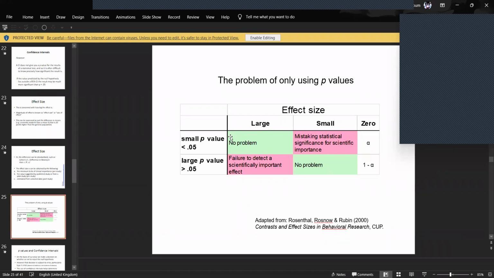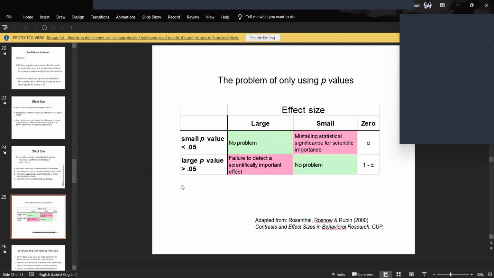Now, if your effect size is small and your p-value is small, then that means that you have a drug that does lower blood pressure, but it lowers it by such a small amount that we don't really care, right? And so what that means is that you have a drug that works, but it's not really doing anything that we care about. If you have a large effect size and you have a large p-value, right? So that means you have a drug that lowers the blood pressure by a lot, but you did not achieve statistical significance.